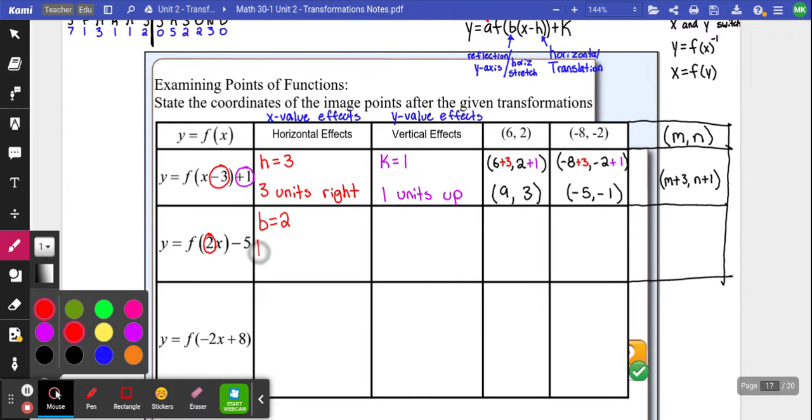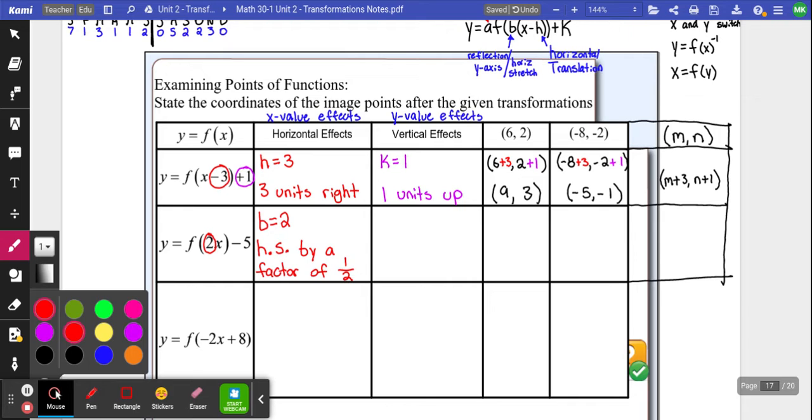And it has a horizontal, I don't have enough room here, so I'm putting HS, horizontal stretch by a factor of 1 over 2. The b value is 2.